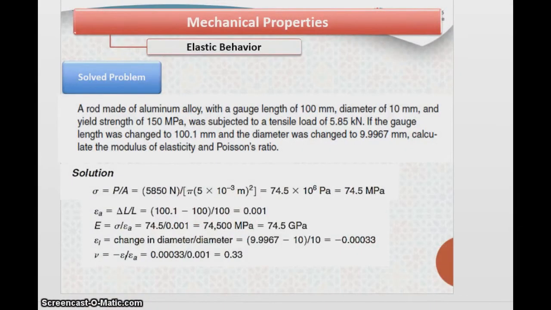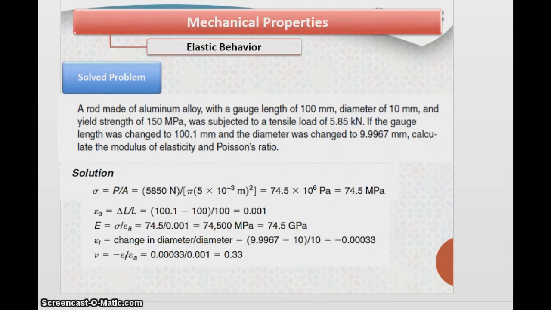So you calculate this equation and you find out this answer. This answer can be 74.5 into 10 power 6 pascals.